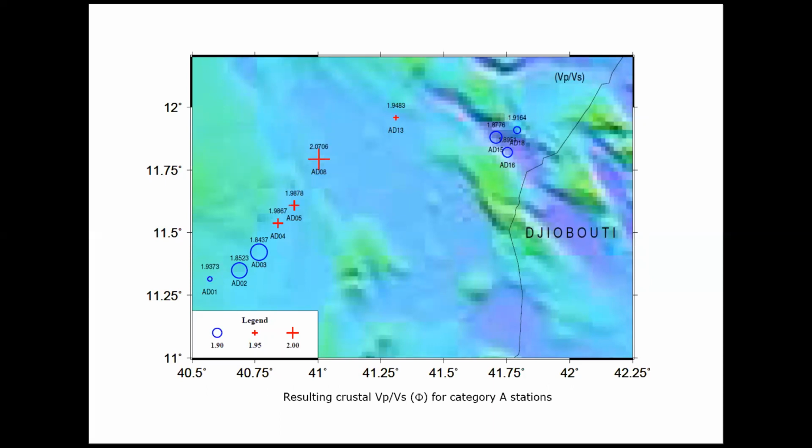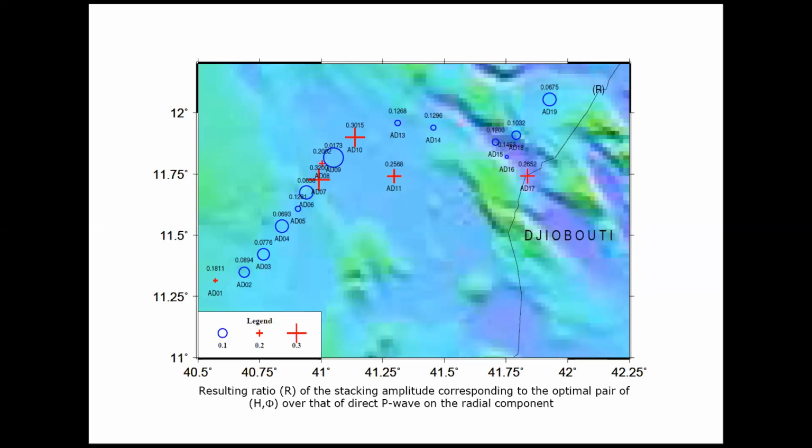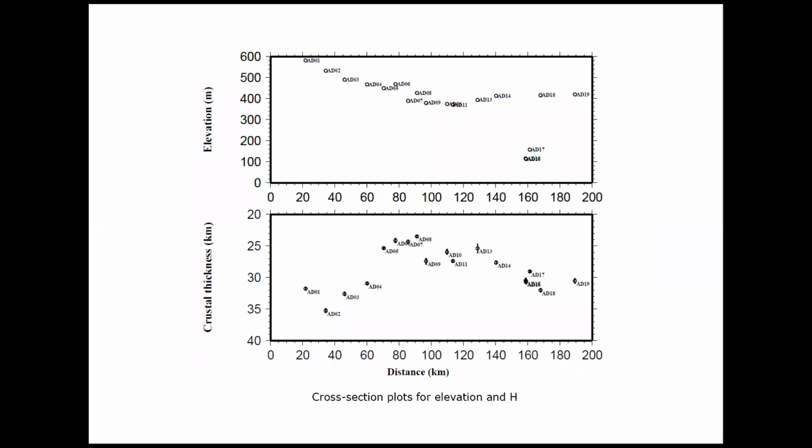The resulting crustal VP over VS for category A stations show that the average VP over VS for the entire study area is around 1.94, and the Poisson's ratio ranges from 0.29 to 0.34, while the resulting ratio R has an average of around 0.144.